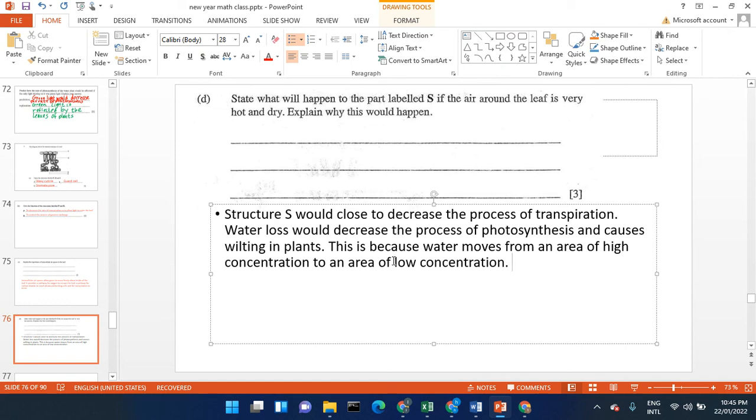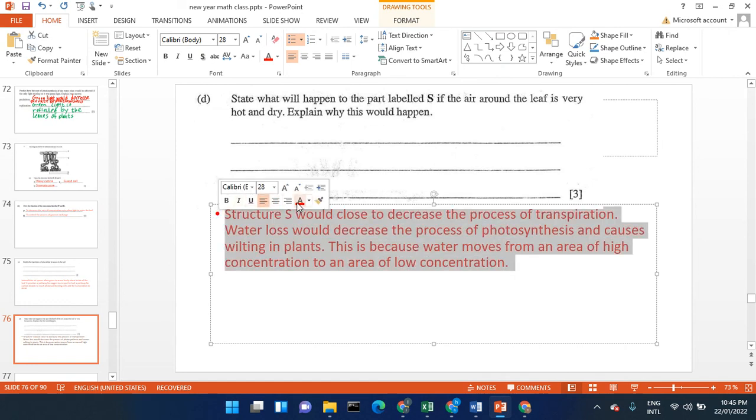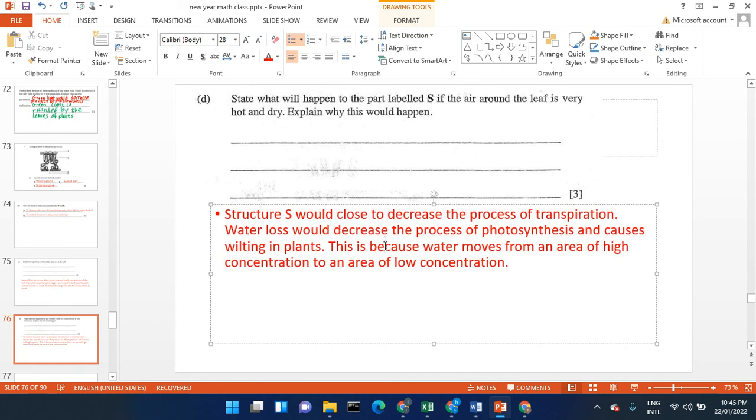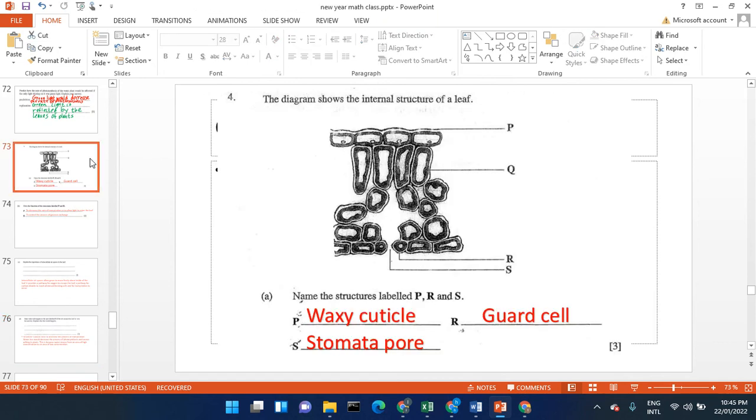Okay, so let's put this in red. So we have what will happen to the part labeled S. And what is the part labeled S? That is the stomata pore. What would happen to the stomata pore? Would it remain open or would it close up?